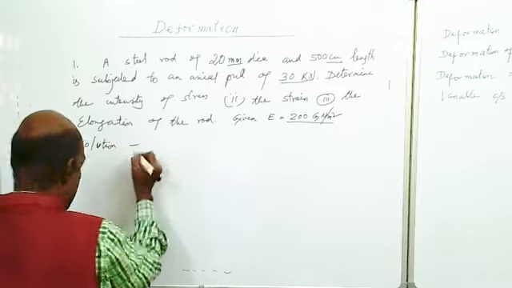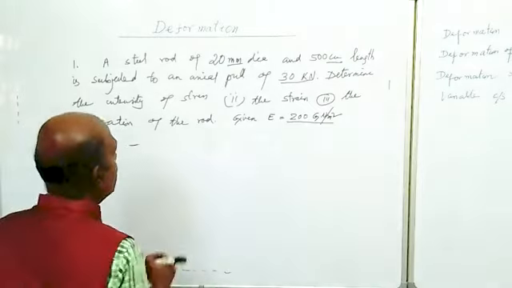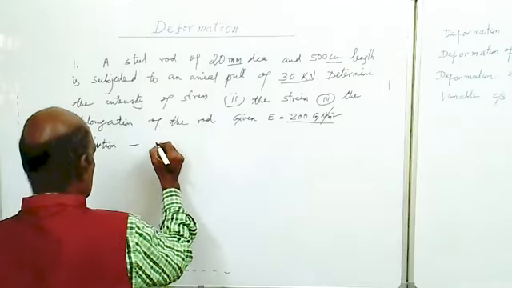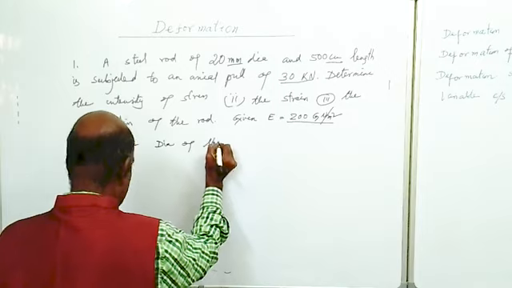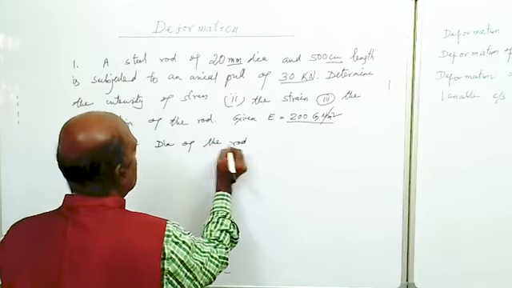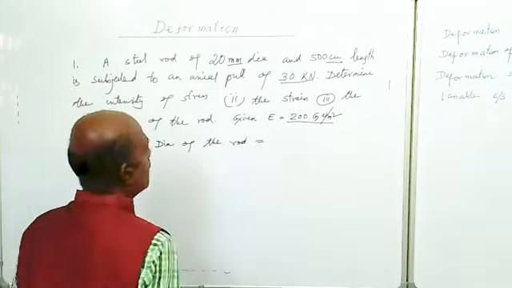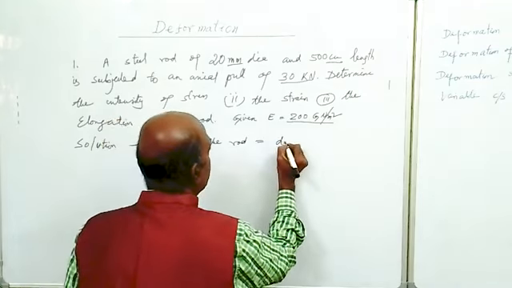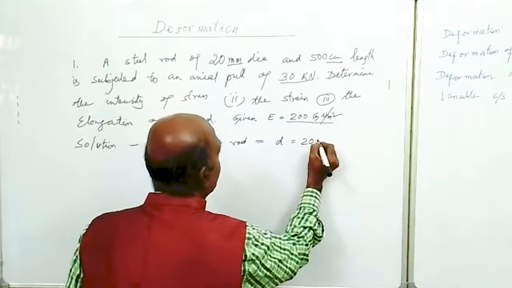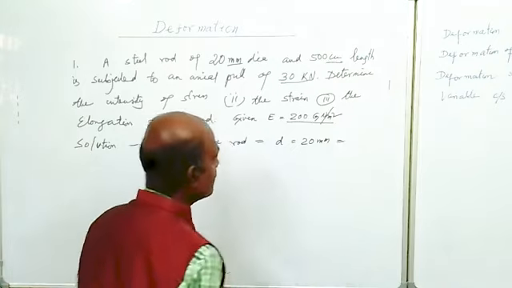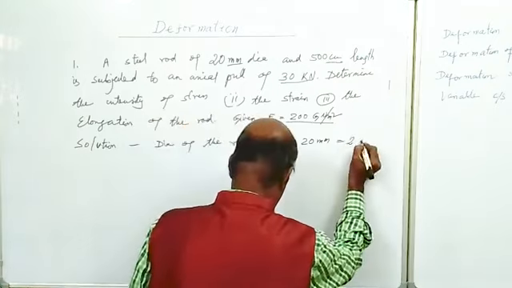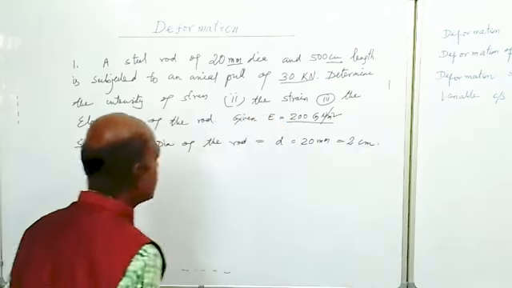First, we will write down the data. The diameter of the rod, say small d, is equal to 20 millimeter, and we can write it as 2 centimeter.